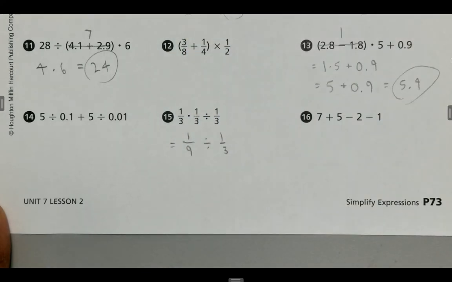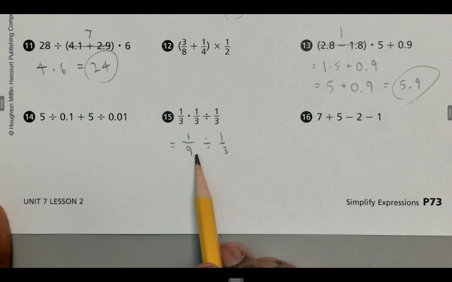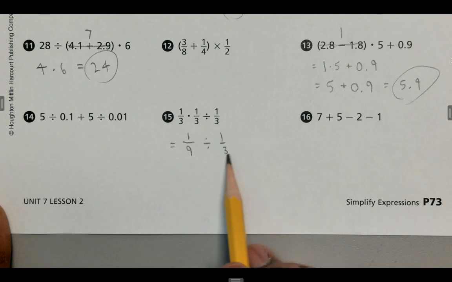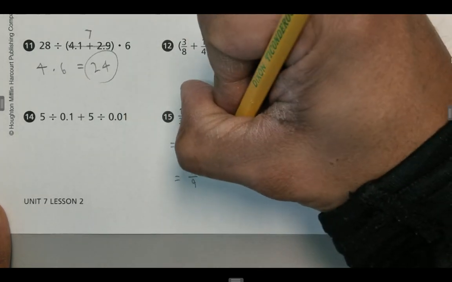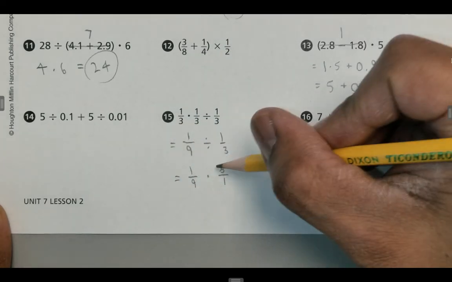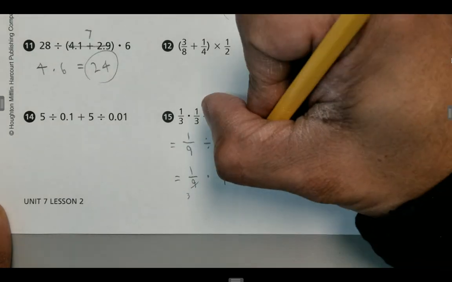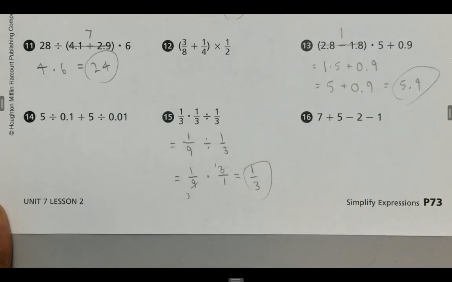And now, to compute this, we can keep what's on the left of the division symbol the same, change this from division to multiplication, and flip what's on the right. 1/9 multiplied by 3/1. Look for cross canceling. 3 goes into itself once, 3 goes into 9 3 times, and then multiply across the top, multiply across the bottom, and you get our final answer of 1/3.